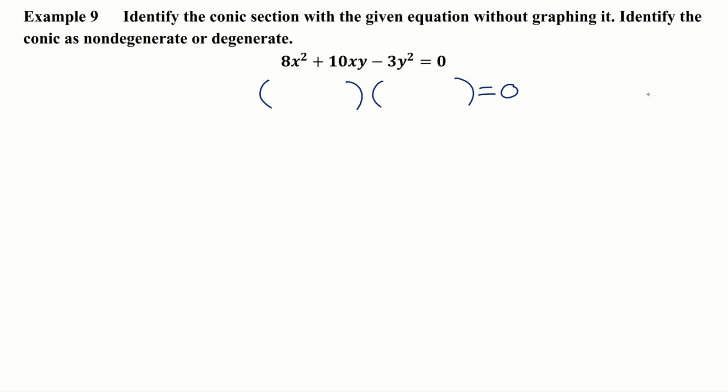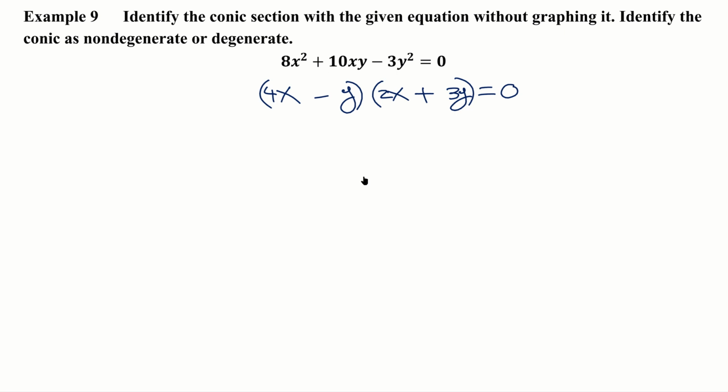Okay, so I'm just going to do trial and error, the FOIL method, right? Maybe that, and then perhaps a 3y and a 1y. Again, with experience, you get better and better at doing this. So let's see. I want to get a positive 10, so I want this to be positive and this to be negative.